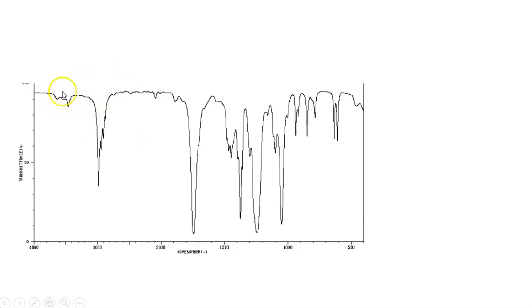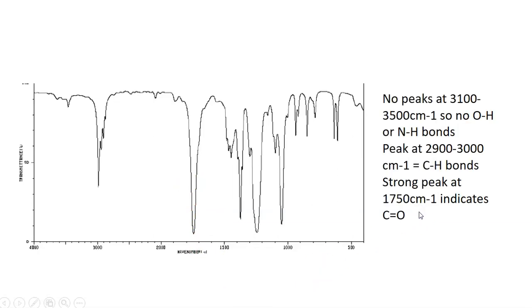So amines, amides, carboxylic acids, and alcohols are all missing. We've got a nice peak here at about 3,000, so that's carbon-hydrogen. We'd expect to see that everywhere. And down here at about 1750, we've got a nice strong peak, which is probably from a carbonyl group, so C double bond O.